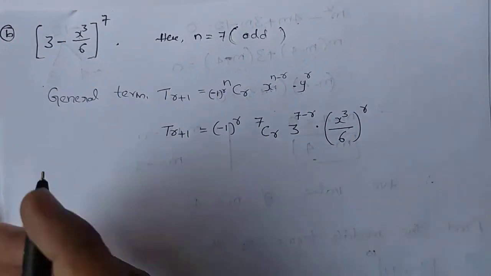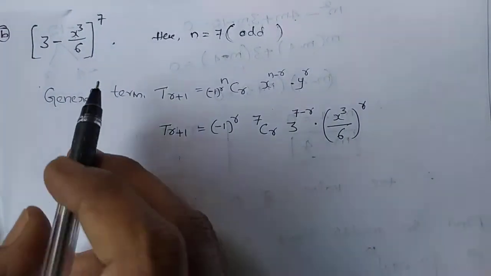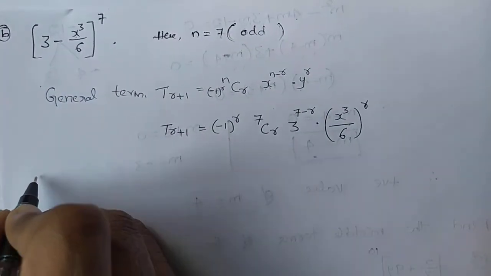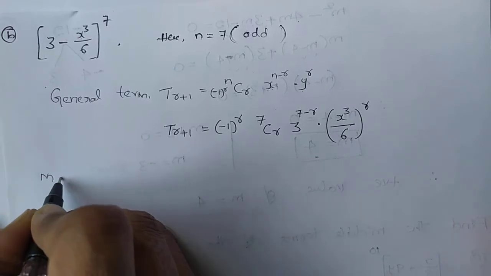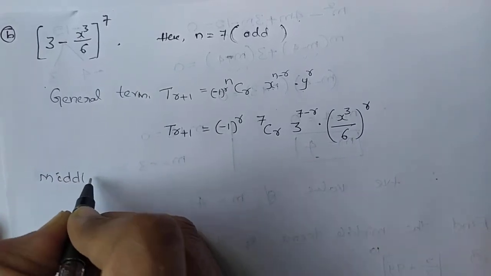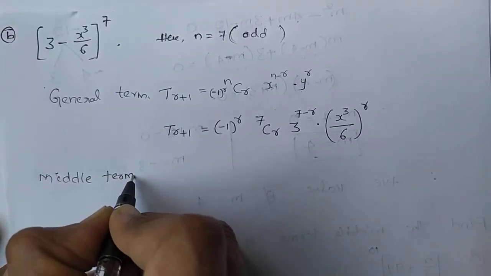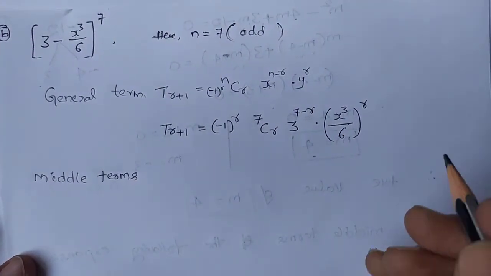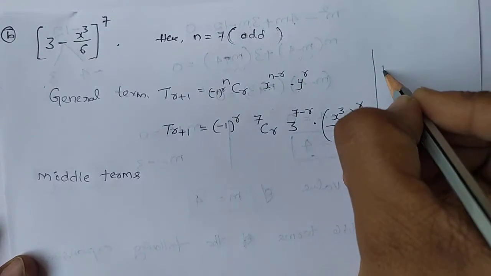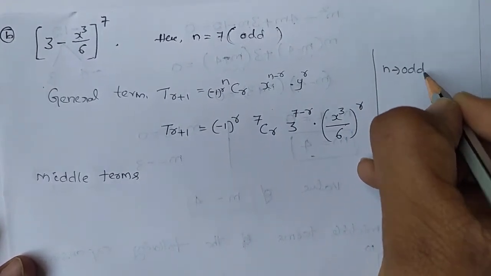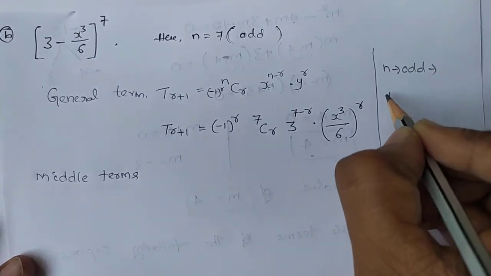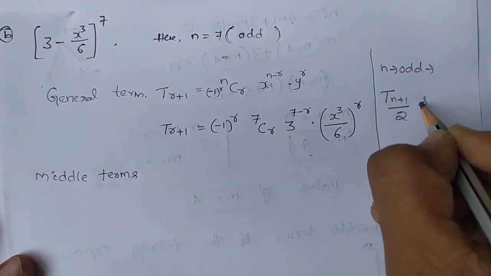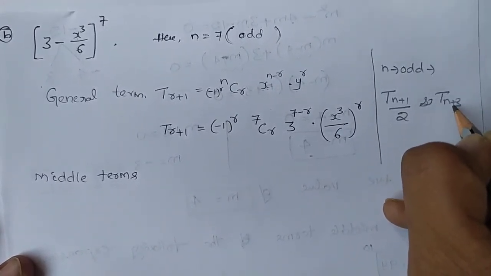Now, middle terms. It is the general term of the given problem. Then what about the middle terms? We know that if n is odd, then there will be two middle terms, T (n plus 1) by 2 and T (n plus 3) by 2.